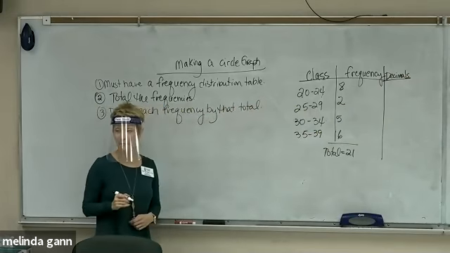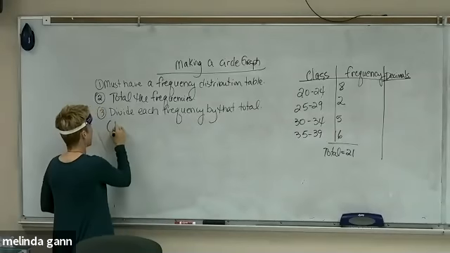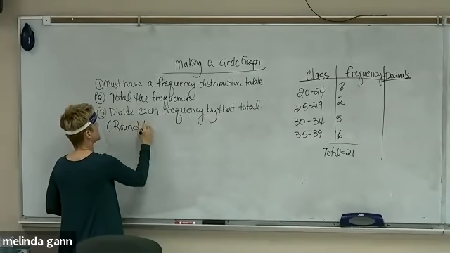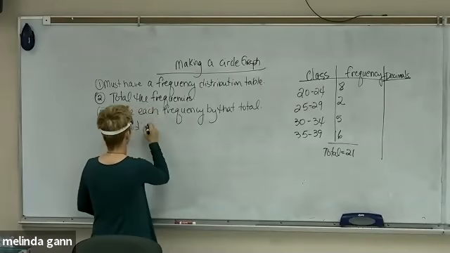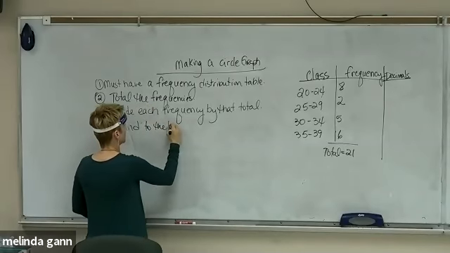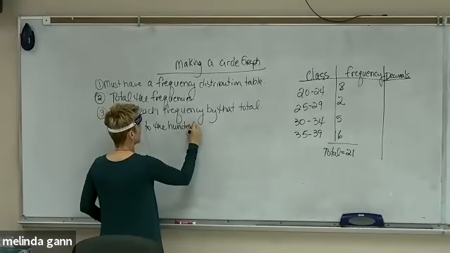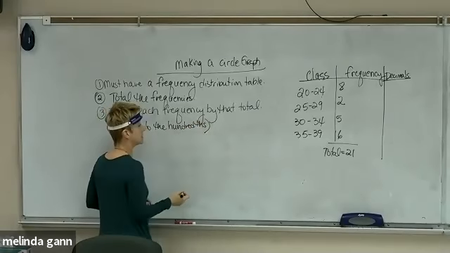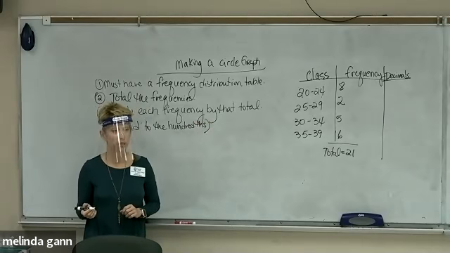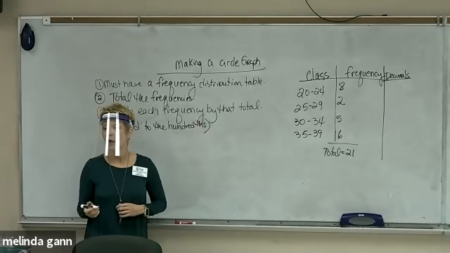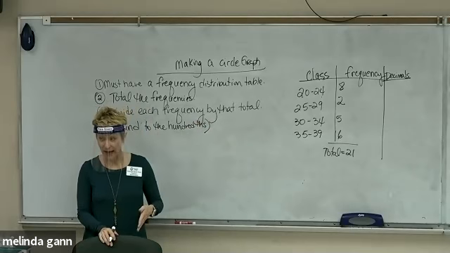You'll see why I'm doing this in a second, but I'm going to round to the hundredths if I need to. How many numbers to the right of the decimal is the hundredths? 2. Now, I didn't say terminate, I said round.